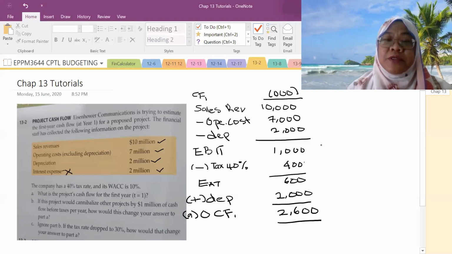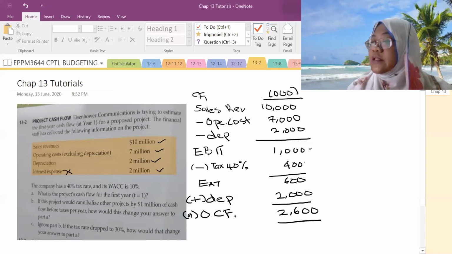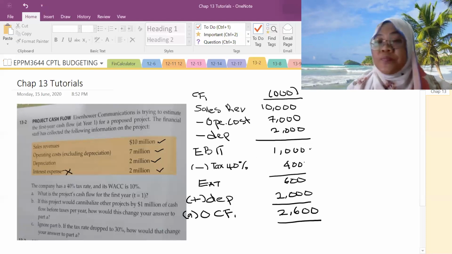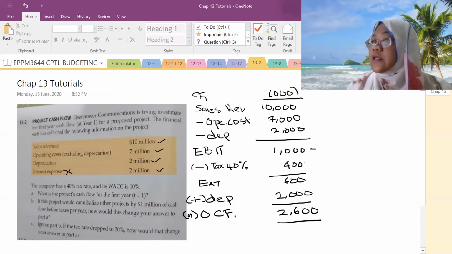So kita akan pick up kat mana? Before EBIT ni, right? Before EBIT. Okay.